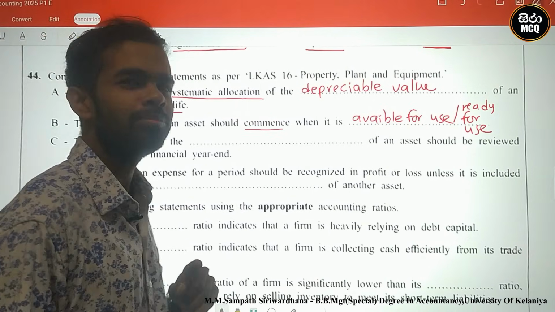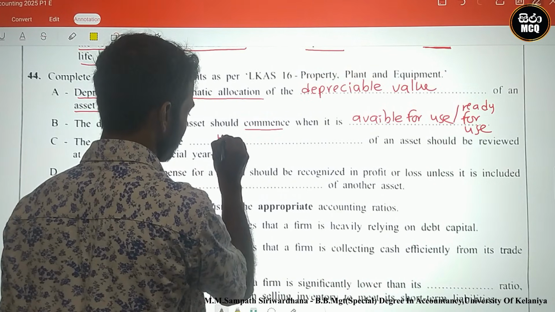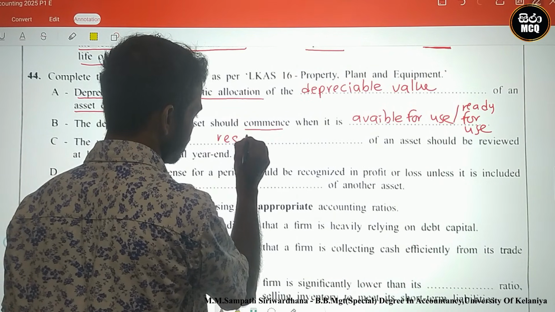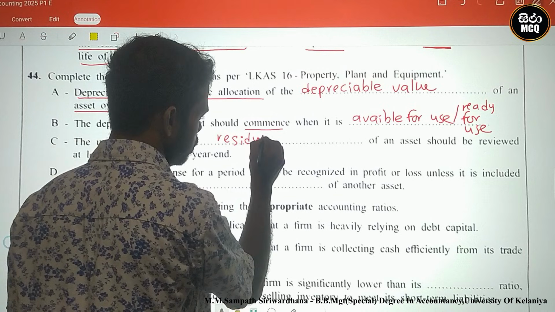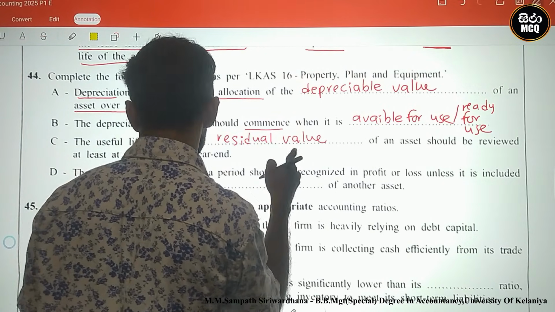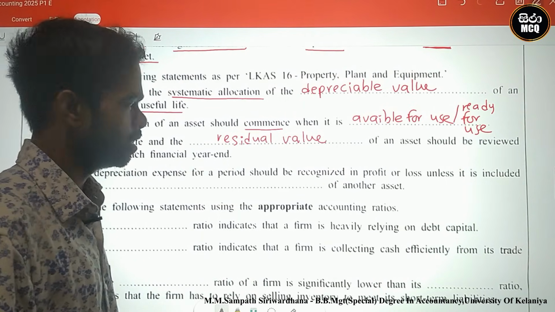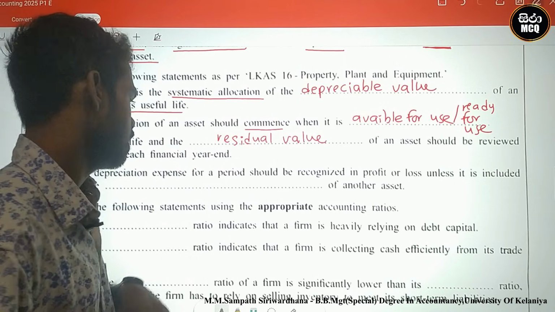Useful lifetime, and we can think of residual value. These are all estimations. Useful lifetime is an estimation. Residual value is estimated.